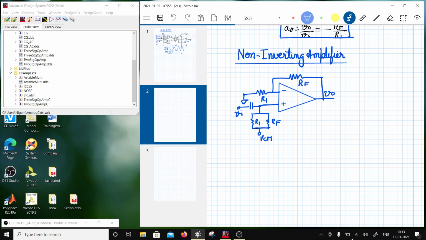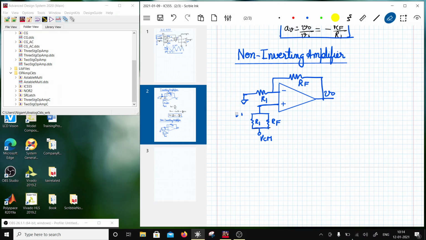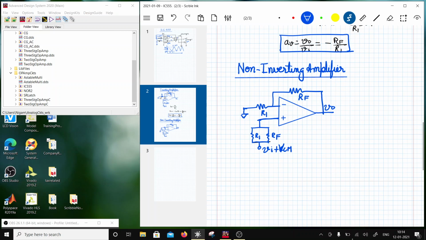The other way is, because nothing flows in here, this voltage will still be that, so I can always apply the input right here. This will be Vi plus VCM. So Vi is applied over here, and the same small signal Vi is over here.